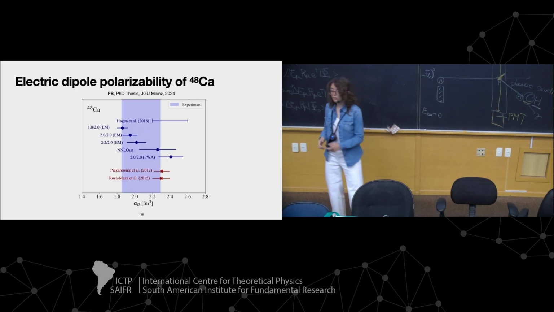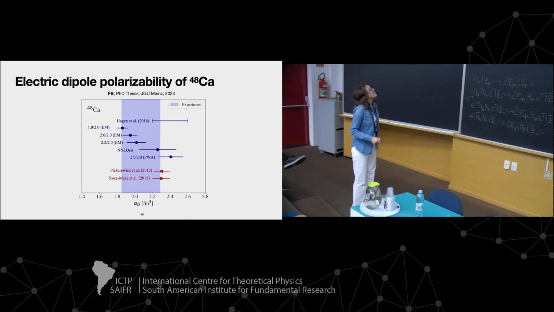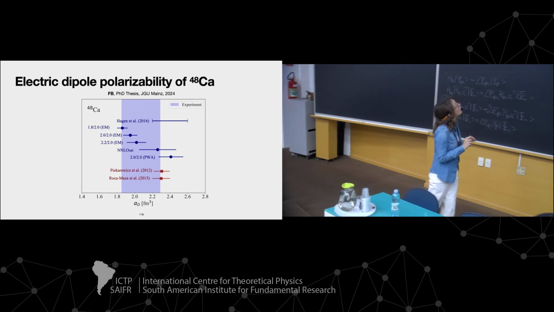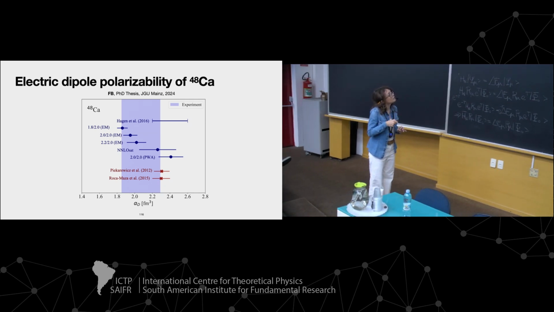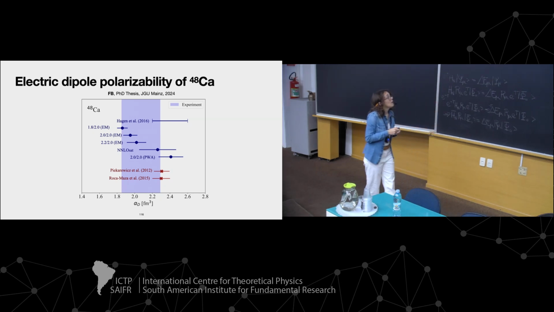So let us go to nuclei that we know very well. Here you see the electric dipole polarizability of calcium-48. In this figure, I put together everything that we know on it. So you have the experimental value, which is the blue band. This is the first prediction that was given in the paper that I discussed before about radii.